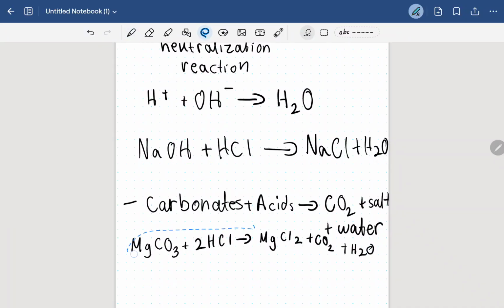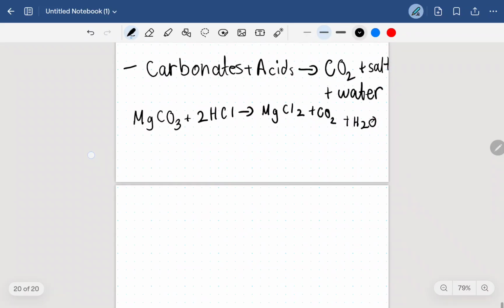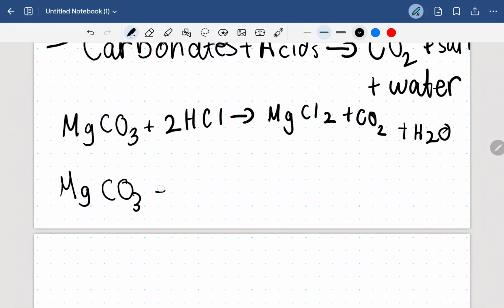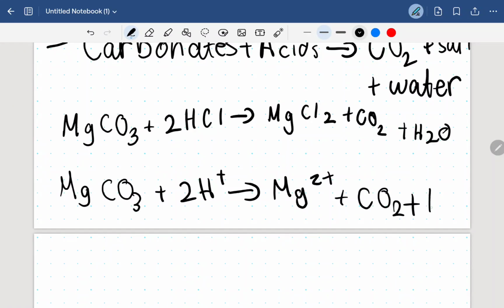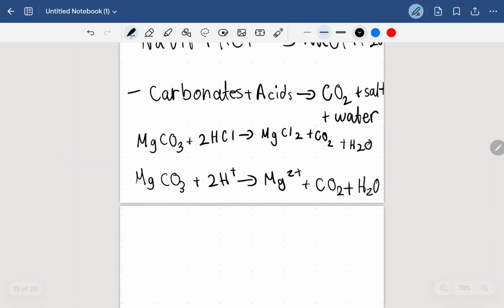I'm gonna move it down so you don't get mixed up with the other equations. Now for the net ionic, it's gonna look something like this for this equation. Plus CO2 plus H2O.